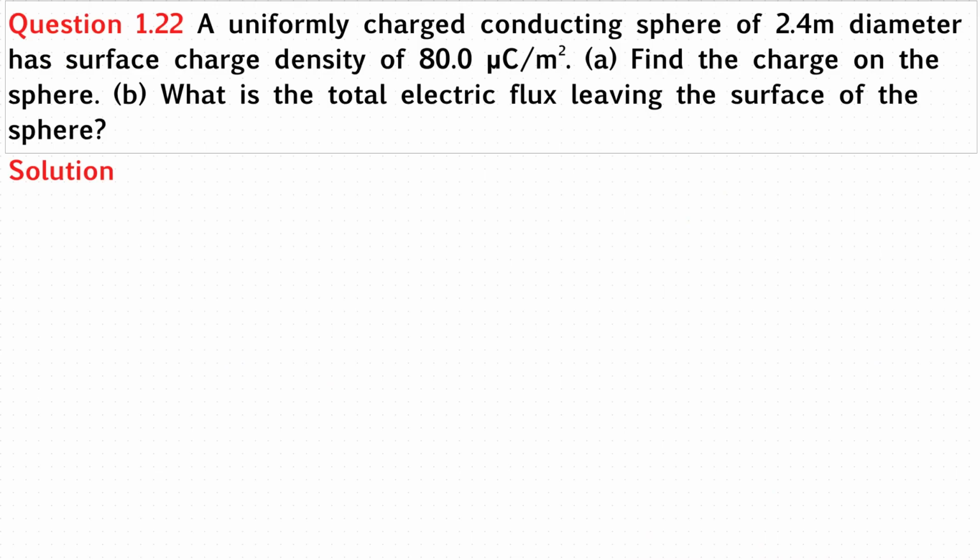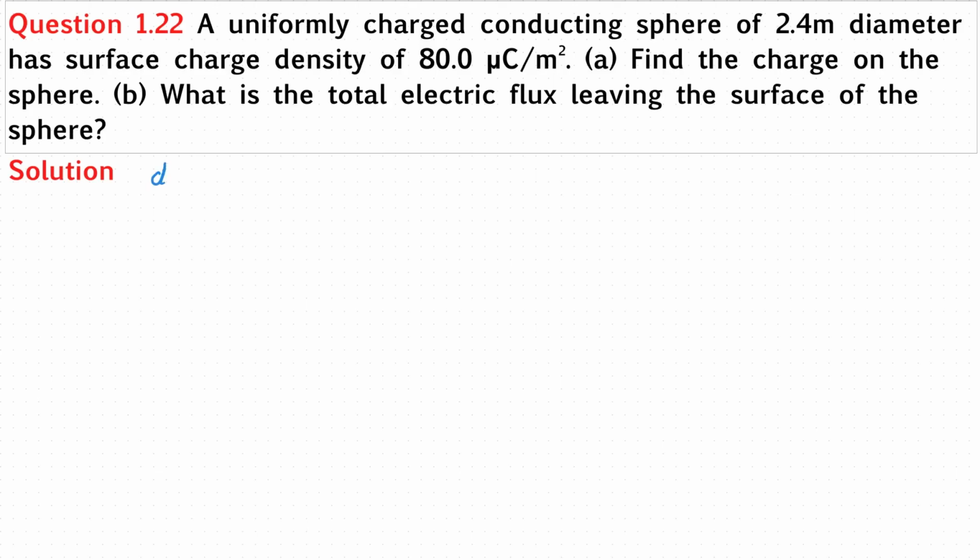Now question 1.22. A uniformly charged conducting sphere of 2.4 meter diameter has a surface charge density of 80 microcoulomb per meter square. A. Find the charge on the sphere, and B. What is the total electric flux leaving the surface of the sphere? Okay, now first let me write down the values that are given.